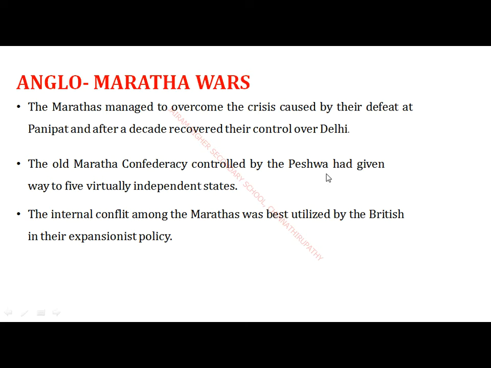Here, the first thing you have to know is the meaning of Peshwa. A Peshwa was a prime minister of the Maratha Empire of the Indian subcontinent. Okay, children, take note of this.